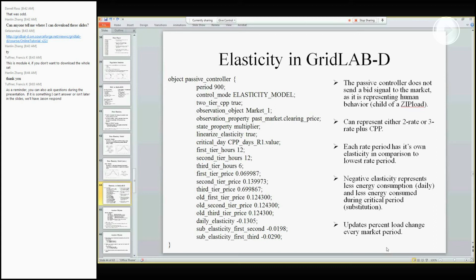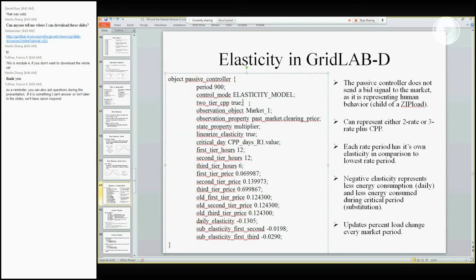So you can see, to build this elasticity model takes a lot of connections, but really what it comes down to is, this is just copy and paste. So you just bring all these type of things in. Really, we're connecting it to our correct market, looking at the correct price.